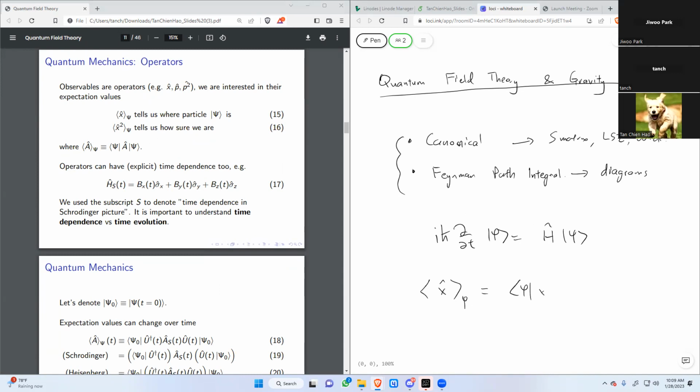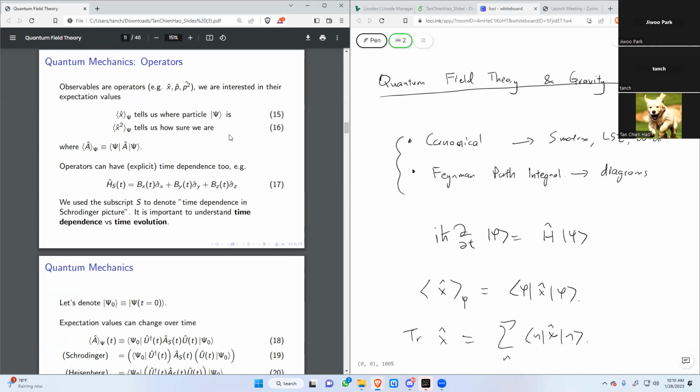Or if we want to do a trace across all the states, then that would be a sum over all the states. So the more fundamental concept is the expectation value of operators.